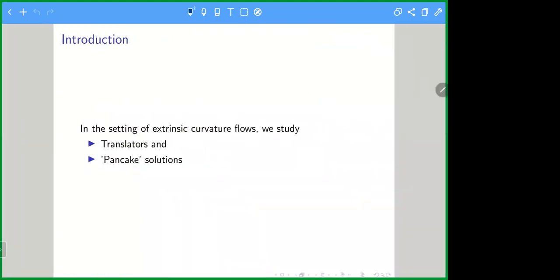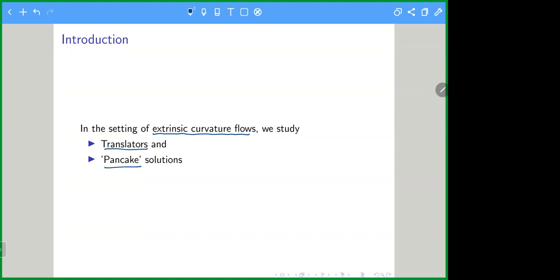So generally speaking, I'm going to be talking about extrinsic curvature flows, and two specific kinds of solutions that I worked on in this setting are translators and what are called pancake solutions.